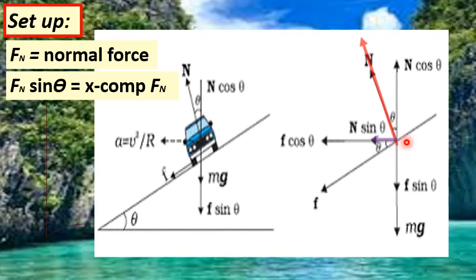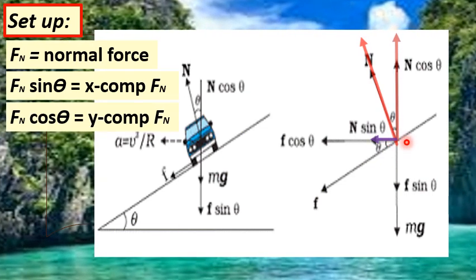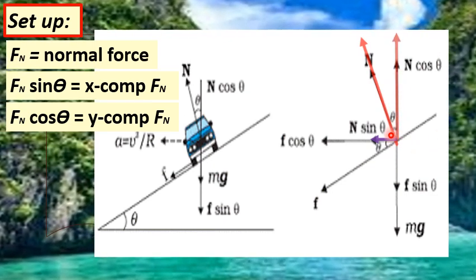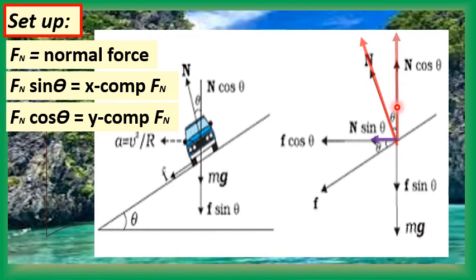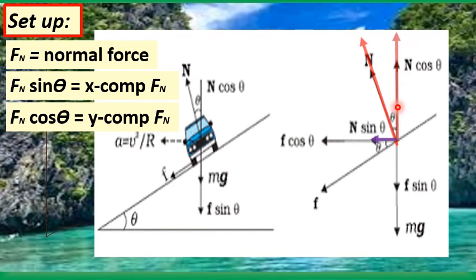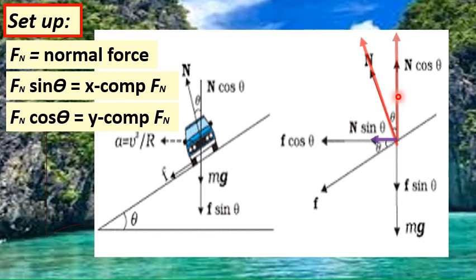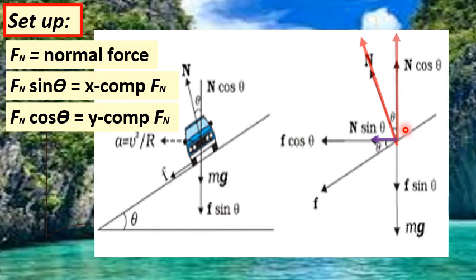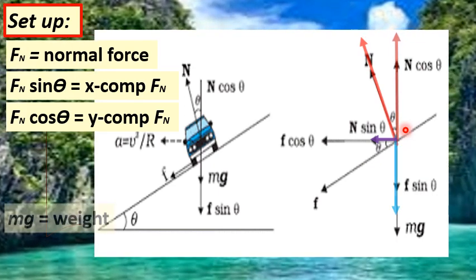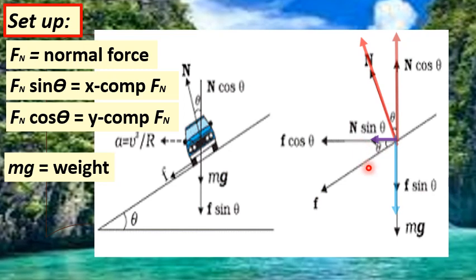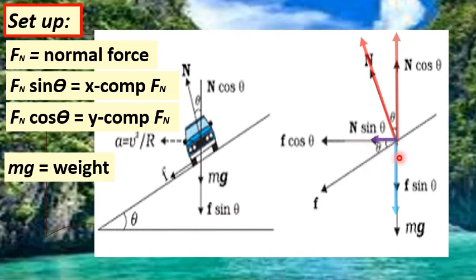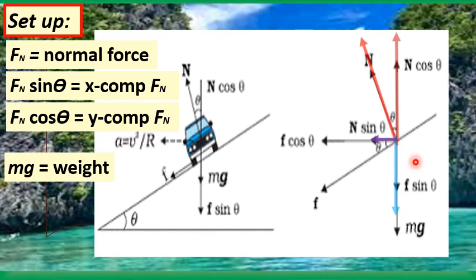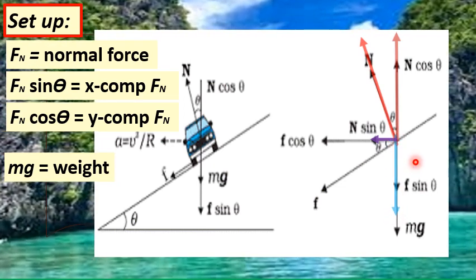And its y component, directed, of course, along the positive y-axis, is expressed here as F sub n times cosine of the angle theta. Of course, we have the weight mg, the weight of the car directed downward, or into the negative y-axis.